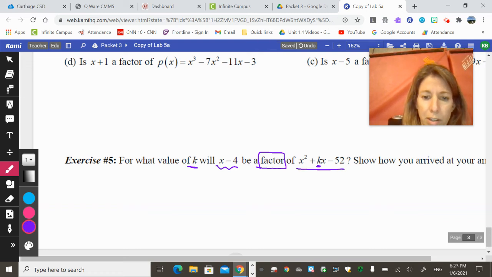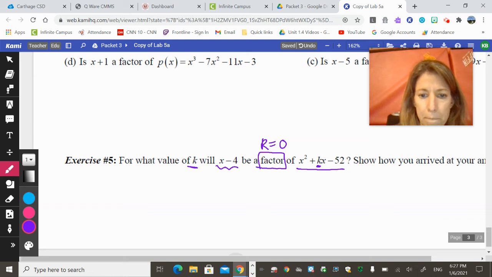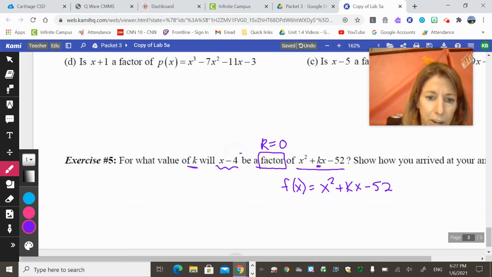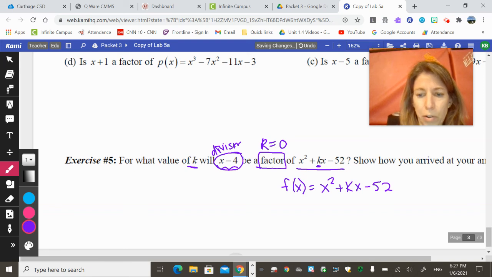As soon as you see that we need a factor, we know that the remainder has to equal 0. We have this function, and I'm going to call it f of x. I could call it p of x, q of x, really anything I wanted. I need the remainder to be 0 when I have a divisor of x minus 4. You should probably pause the video and see if you can figure this out on your own without my help.